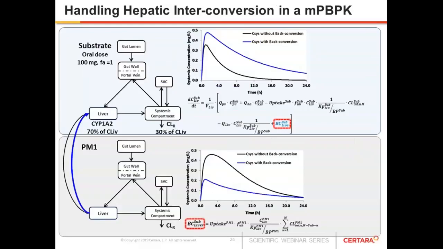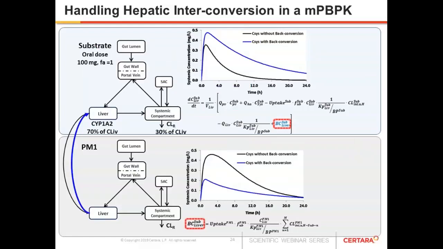So in this slide, we're just looking at how metabolite back conversion is handled with the Simcyp models, and we're looking at the simplest scenario as an example, where metabolite back conversion happens in the liver with both substrate and primary metabolite modeled with the minimal PBPK model.